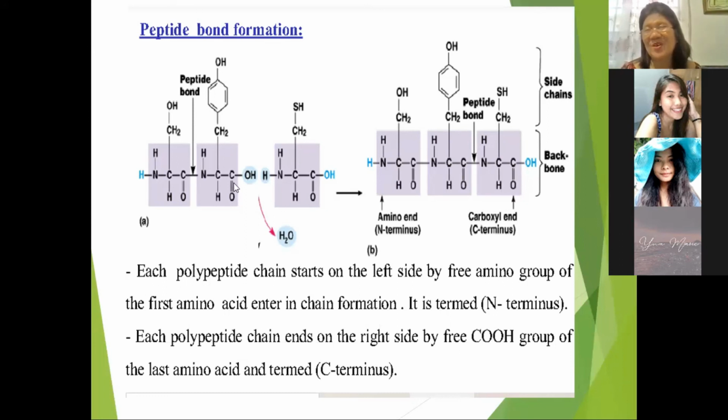Your C terminal comprises the OH, your N has that H. Combine the OH of the COOH and the H of the NH2, and you will form the peptide bond. Each polypeptide chain ends on the right side with a free COOH group and the last amino acid, termed the C terminus. That is how peptide bond formation works.